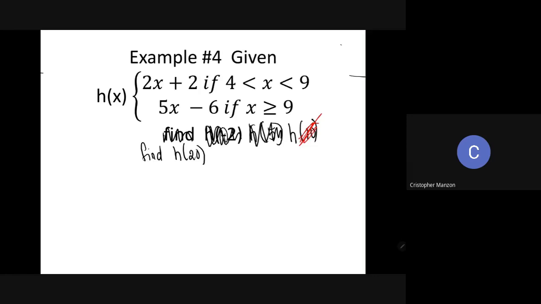Yung naunang function na 2x plus 2 o yung pangalawang function na 5x minus 6?